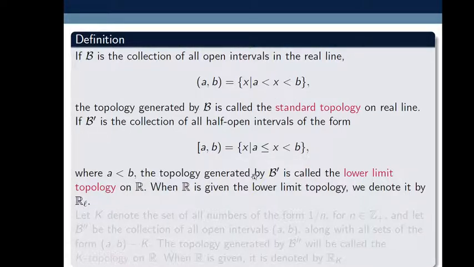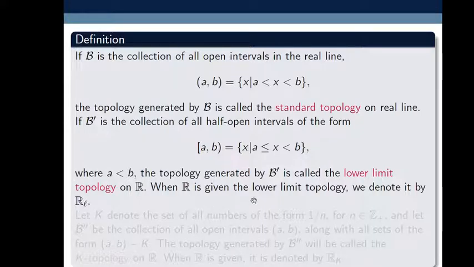Then the topology generated by script B dash is called the lower limit topology on the real line R. So what is meant by lower limit topology? The topology generated by the collection of all half open intervals is called the lower limit topology.